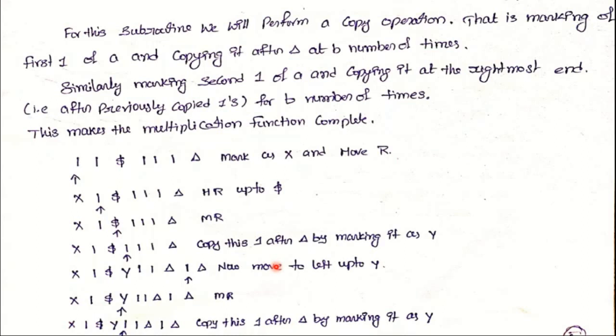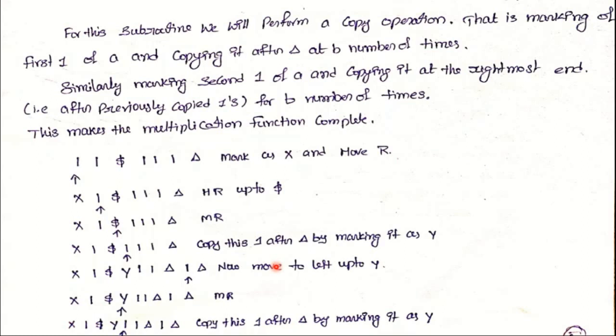After that we consider the second one from the input a and again copy the number of b's, that is the number of ones. These are copied at the end of the tape, after the ones we copied previously. In this manner we perform the multiplication.